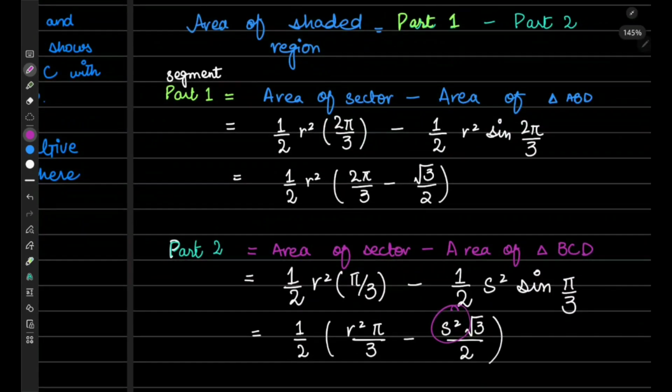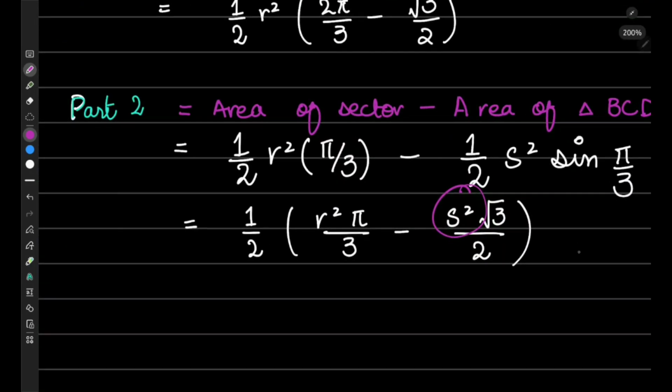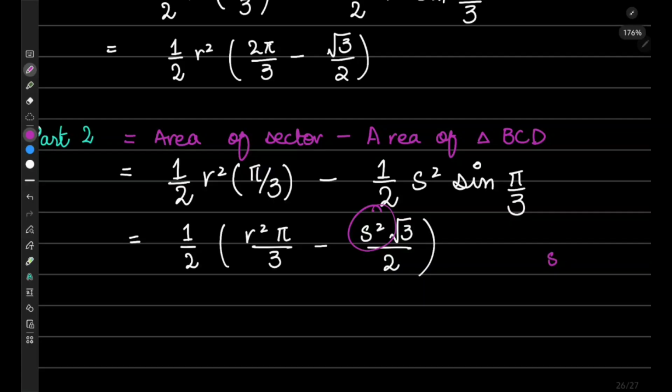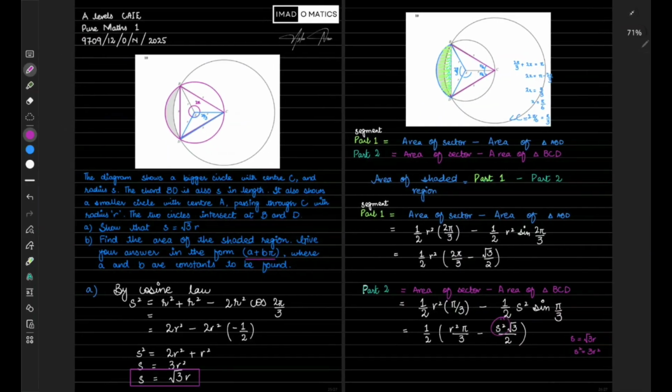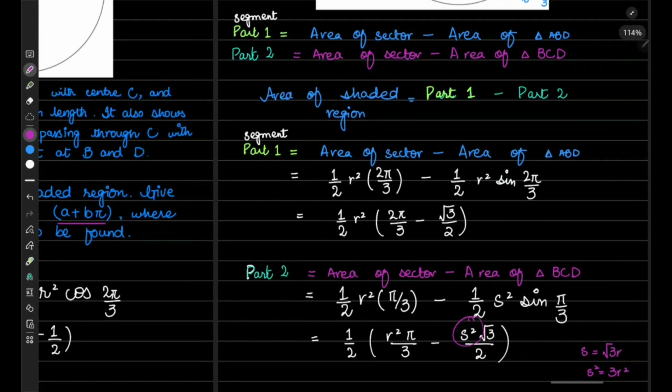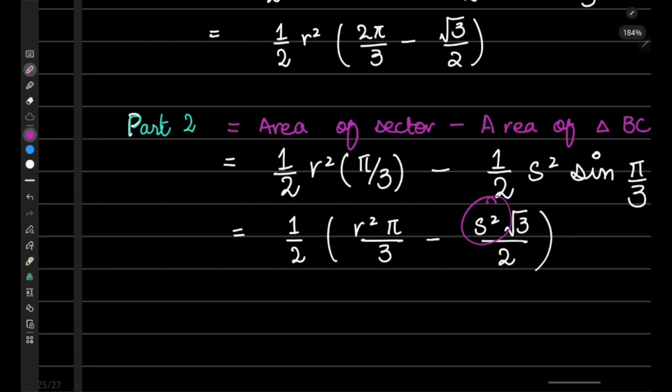So S is root 3 r, so S square equals 3r square. So it will become 3r square root 3 over 2.